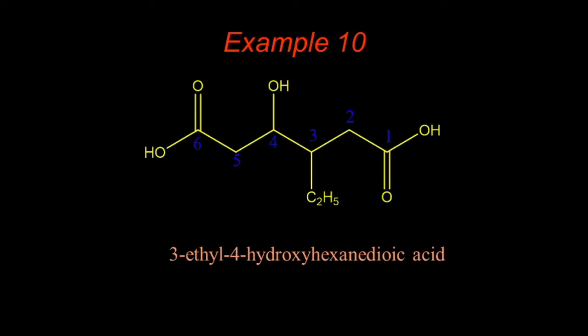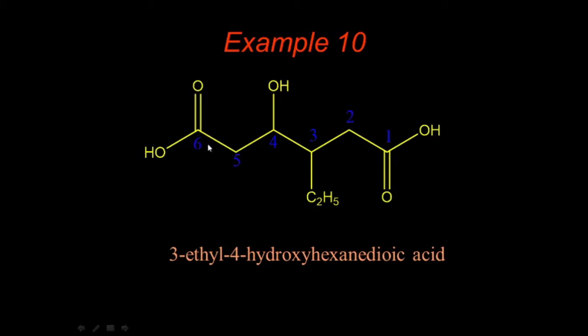Now I explain why I name it in this way. The compound has 6 carbon atoms. That's why the name of the main chain is hex. No pi bond between carbon atoms, so plus suffix "a". Dioic, because the compound has two carboxylic groups.